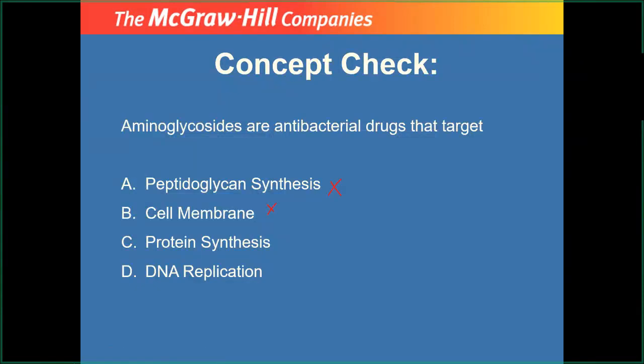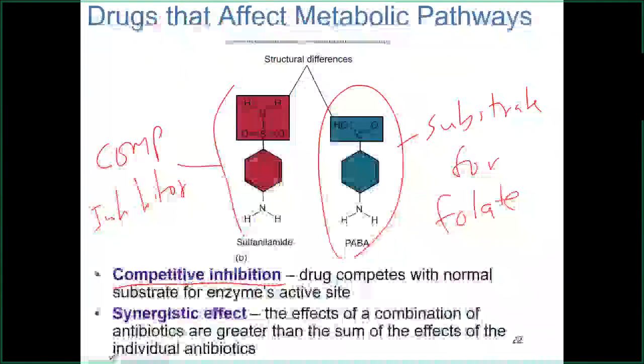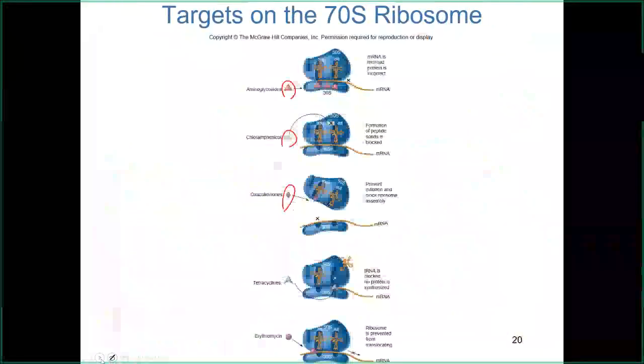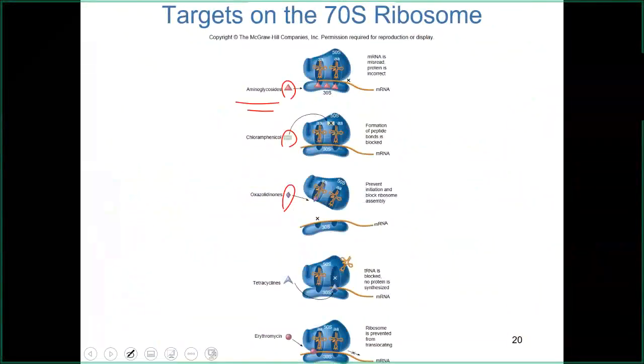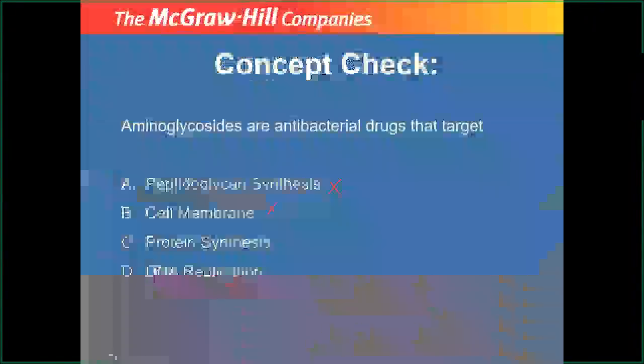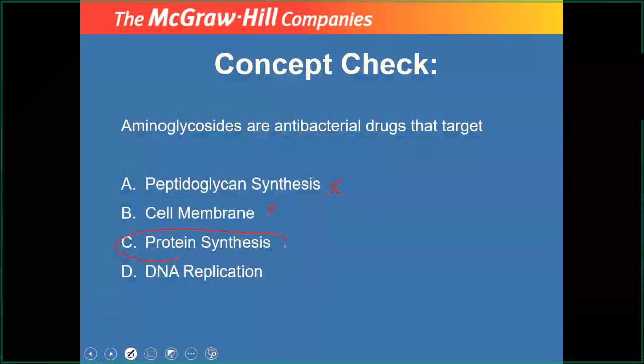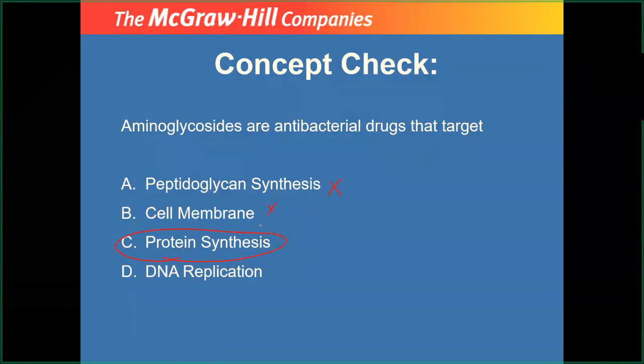It's, I believe, DNA replication. Back to that real quick. Yeah, here's your aminoglycosides. Actually, it's protein synthesis. I'm sorry. Blocking there. Anyway, I'm not going to ask really specific questions about that on this exam. But yeah, that's the answer right there. Protein synthesis.